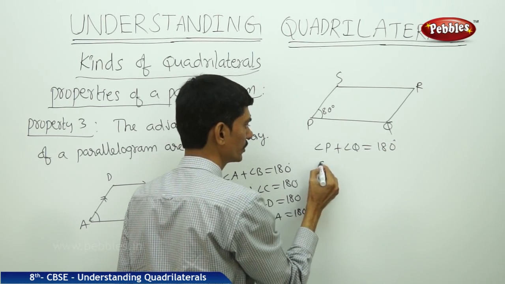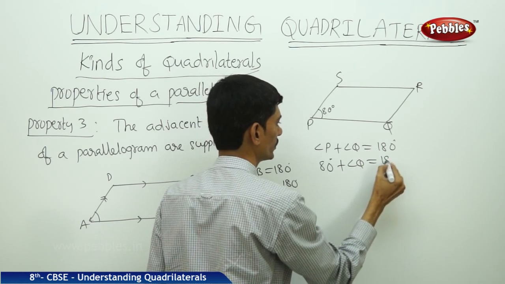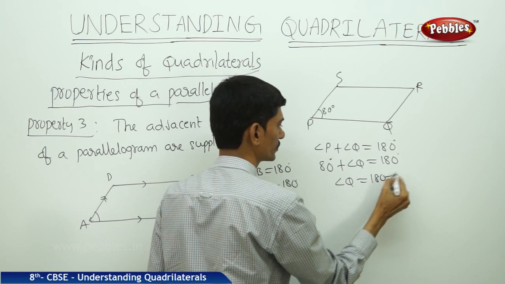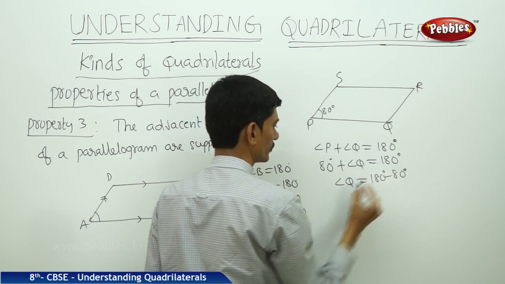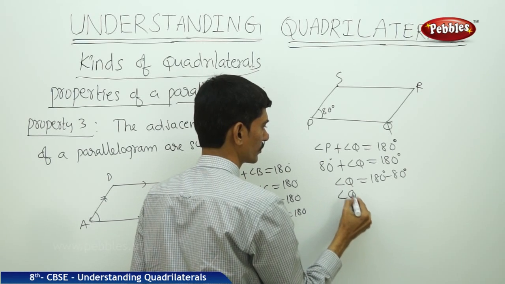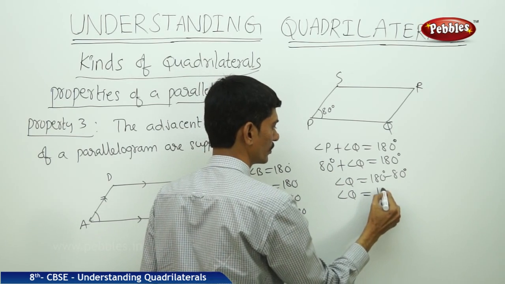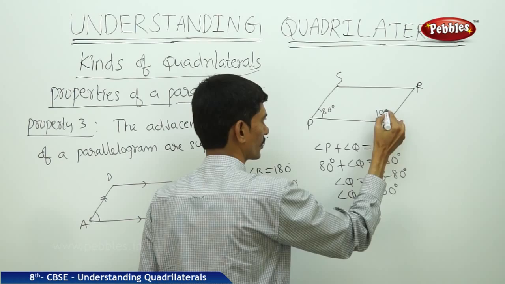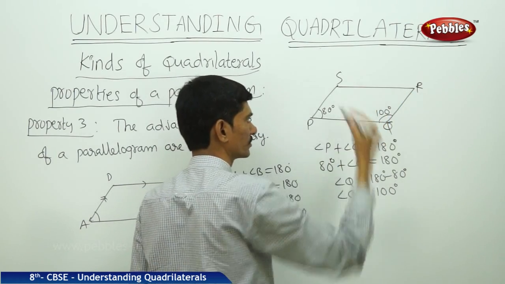So angle P is given that 80 degrees plus angle Q equals to 180 degrees. So we can write angle Q equals to 180 minus 80 degrees. So then angle Q equals to 180 minus 80 is 100 degrees. So your angle Q is 100 degrees. Then what about angle R and angle S?